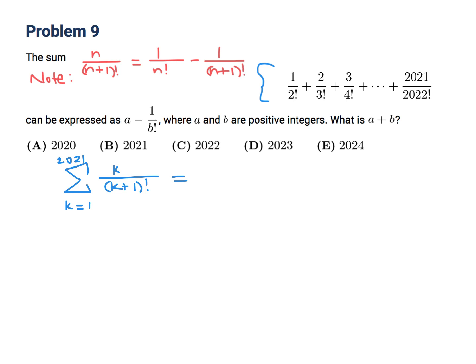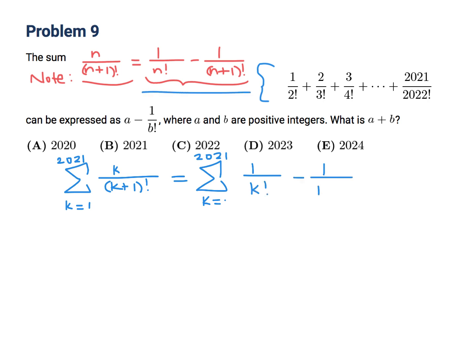You can do that subtraction to find out that is indeed equal to that. If you can recognize that, that makes your life much easier, because now this becomes the sum of k equals 1 to 2021 of 1 over k factorial minus 1 over k plus 1 factorial.